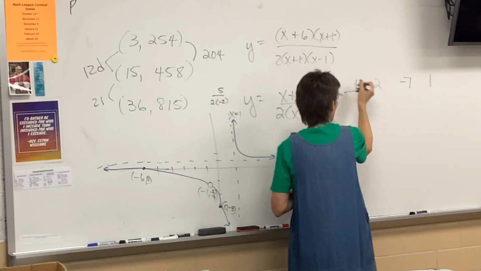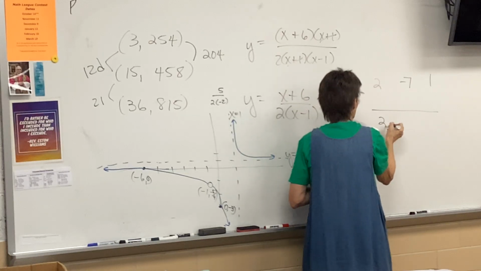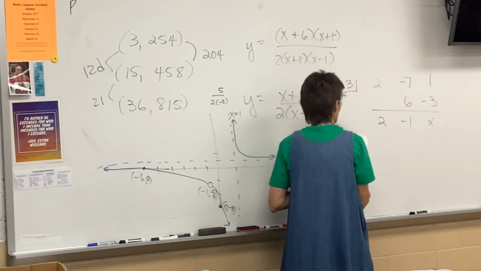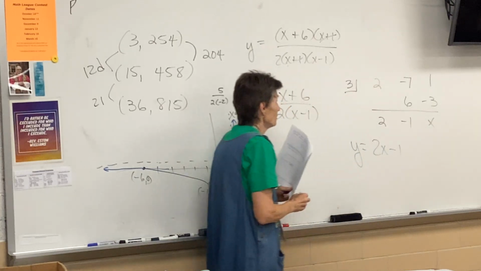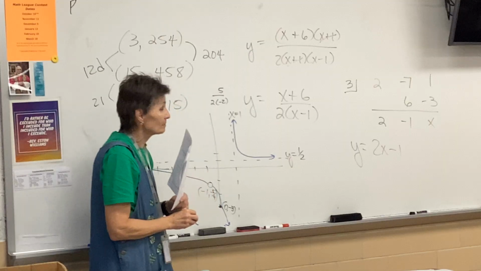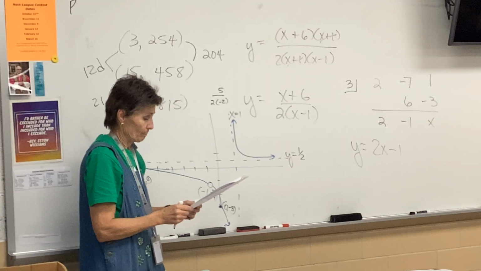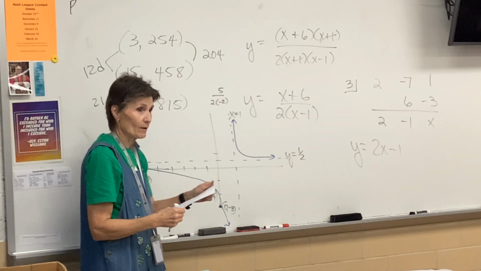And what goes in the box here? 3. So my slant asymptote is 2x minus 1. I did my division right? Okay with everybody?